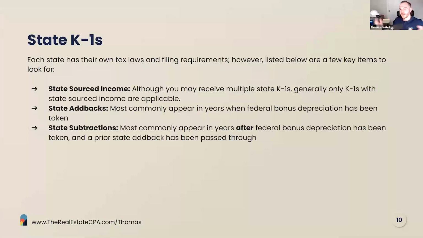Because you get your K1 back, and if you're investing in a partnership that has multiple properties across multiple states, you might have 5 state K1s, for example. Now the question is, if there's a loss and the state K1 has a loss, do you need to file the state K1?